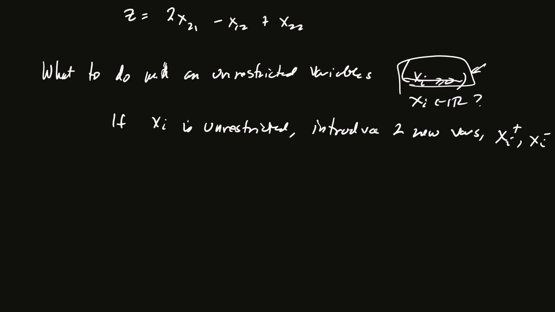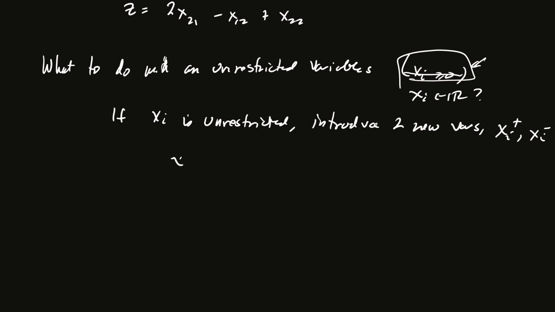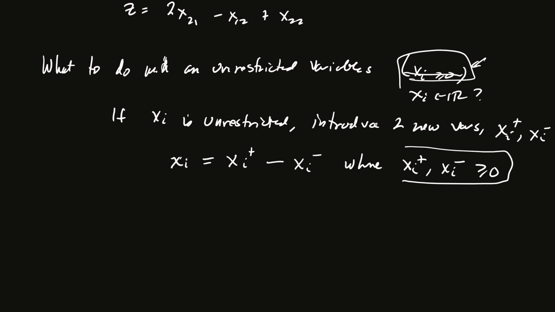It's kind of awkward in general. But then xi is going to be replaced by xi plus, the new variable, minus xi minus, where xi plus and xi minus are both greater than or equal to 0. Good. And so, yeah, that works really well for all of these.